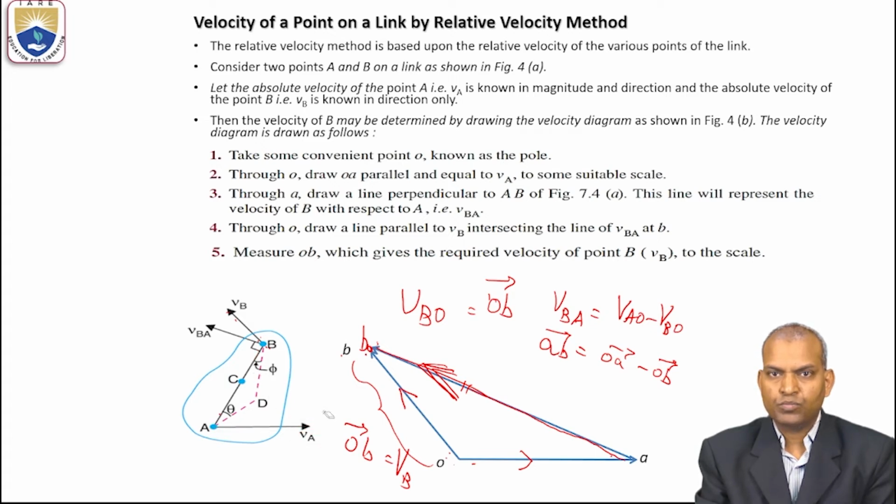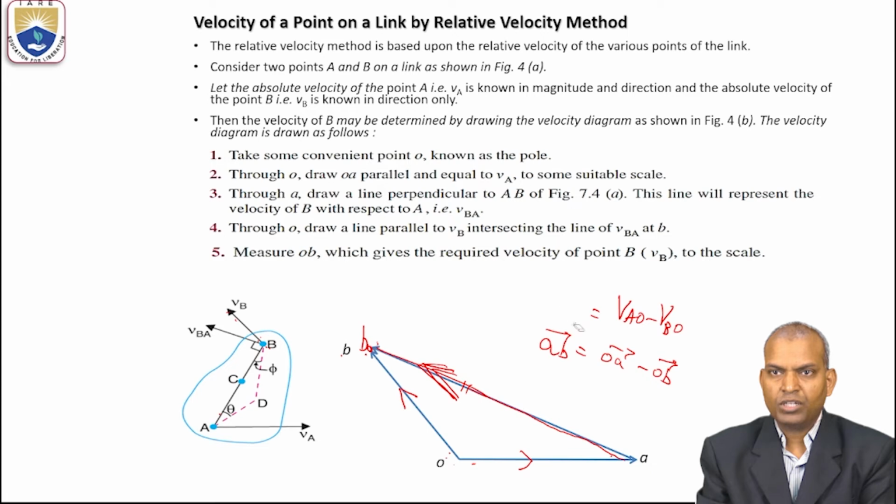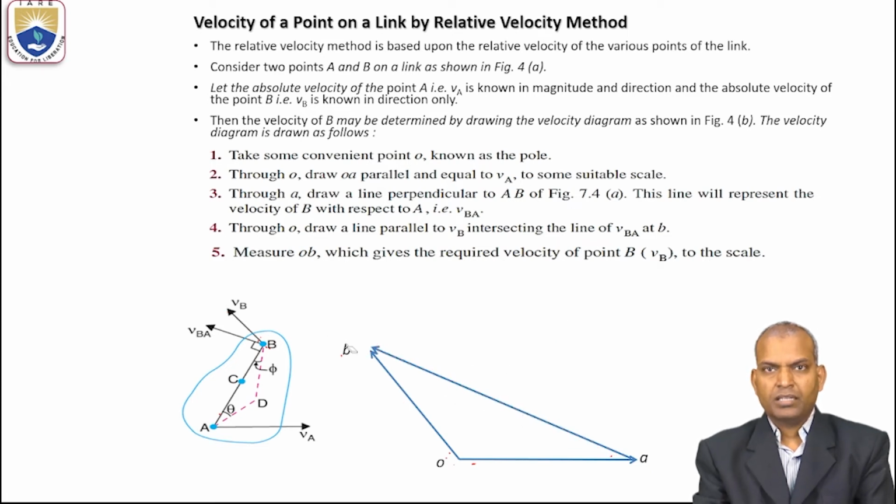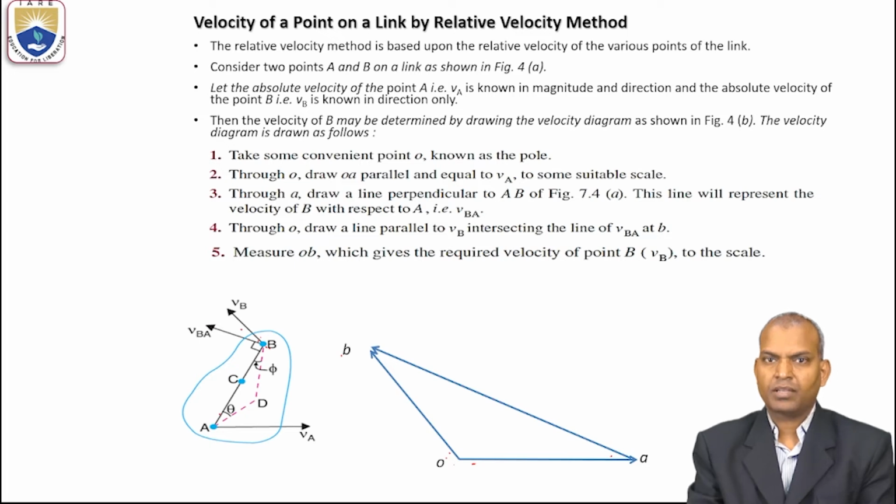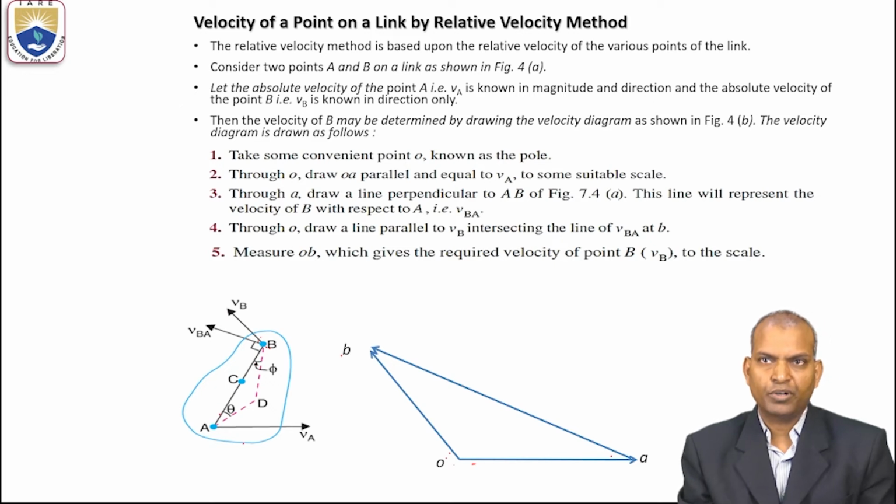I want to discuss more in order to make you understand. So this slide is very important. In this figure, even though it is on the link, on the body, there are various points.